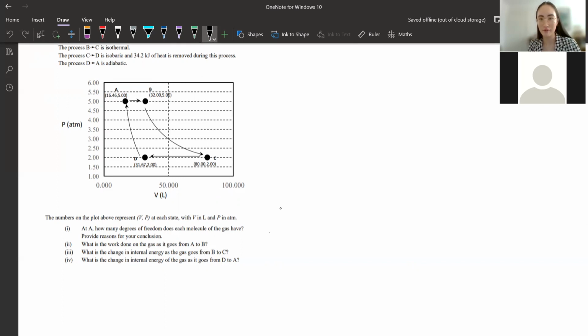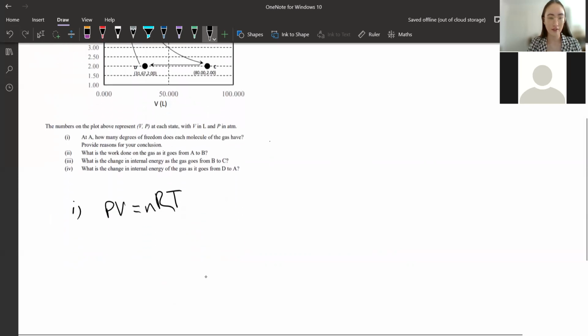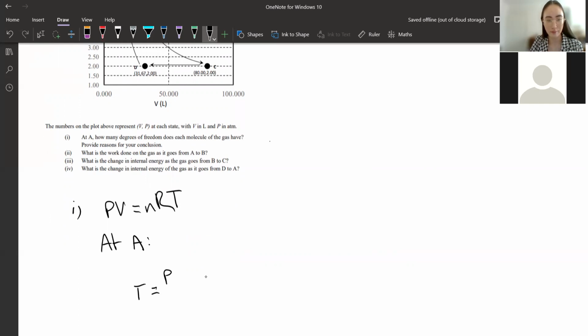And because we are told it's an ideal gas, we can just use our ideal gas formula. PV is equal to nRT. And that's going to be to find T. So at A, T is equal to PV on nR.